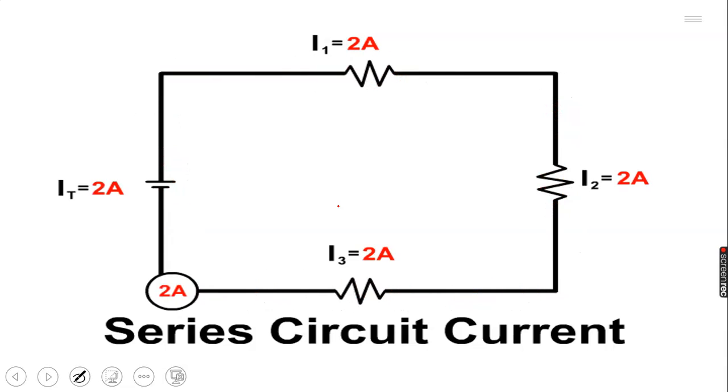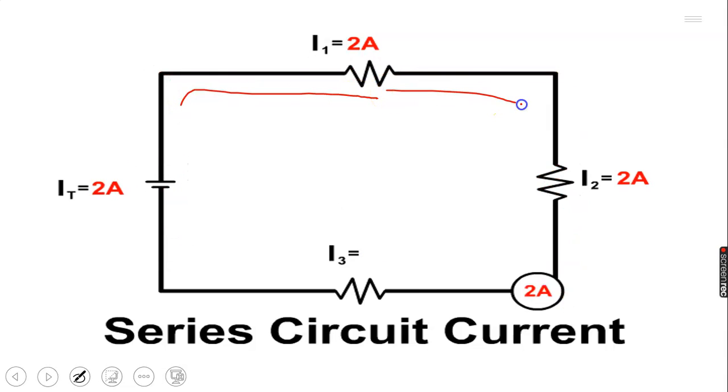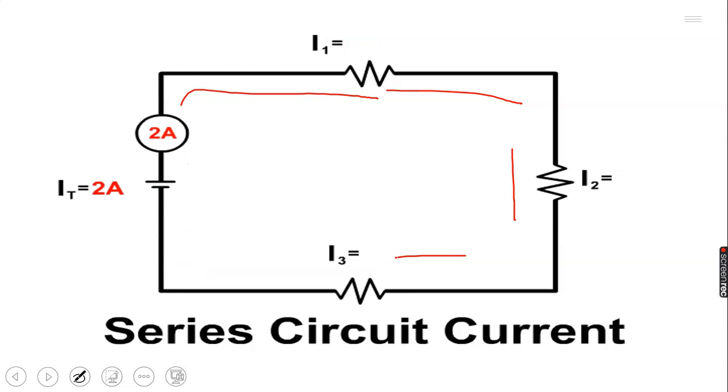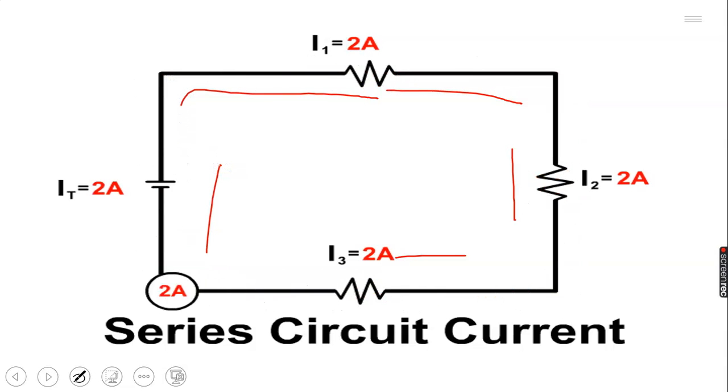They are arranged in a chain, and the current is taking a path and going through each resistor.